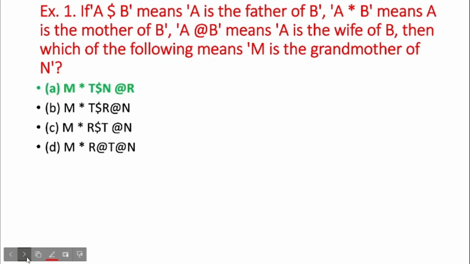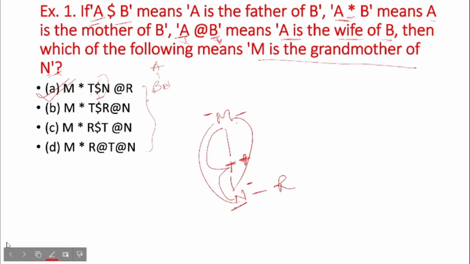Yes. So we are lucky here. We got the answer in the first option itself. But in these types of questions, we need to solve the options to get the correct answer. If we get the answer in the first, second or third option, we can skip the other options.